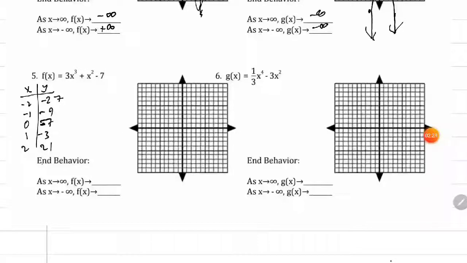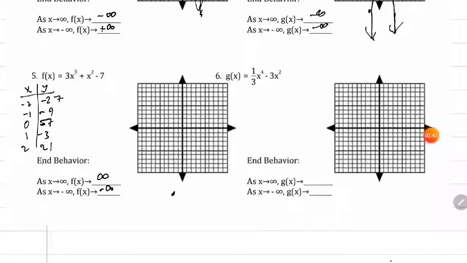So here we go. Leading coefficient is a positive number, and then we have an odd degree, so this is going to be infinity, and negative infinity. And so negative 2 is all the way down here.